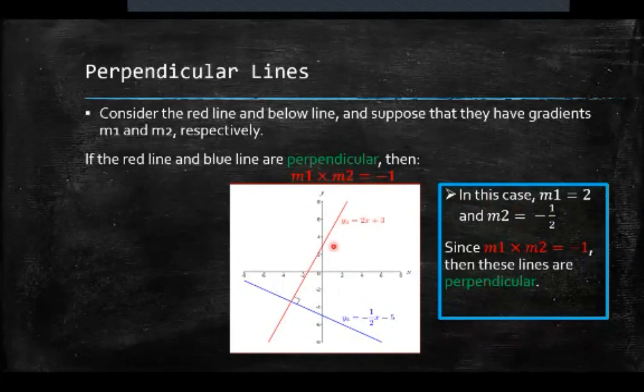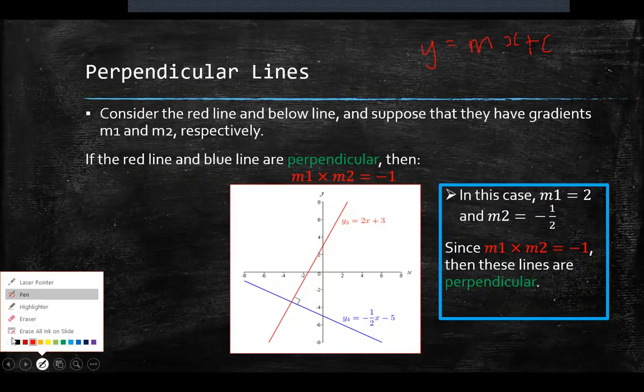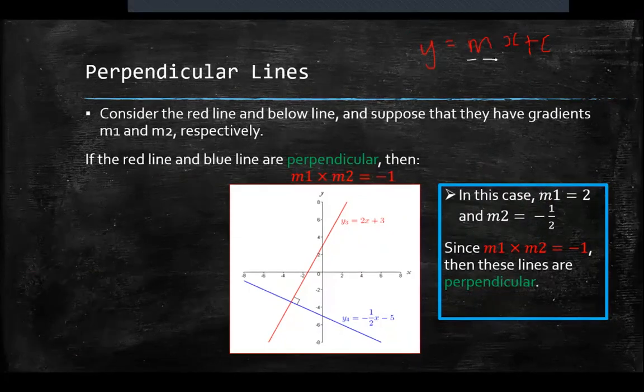Looking at this, the first equation, y is equal to 2x plus 3, and for the blue line, y is equal to -1/2x minus 5. In this case, M1, the gradient of the red line, is 2. Remember, this is the general equation of a straight line, y is equal to mx plus c, and m is the gradient.